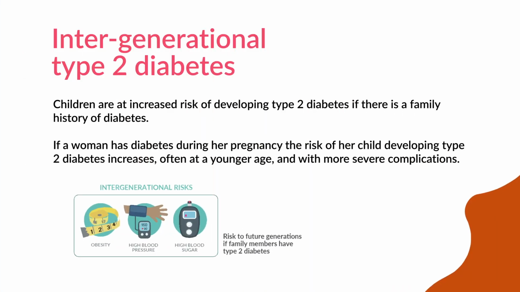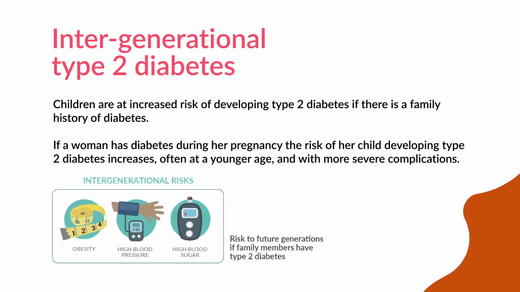There can be strong links to diabetes between generations. Children are at higher risk of developing type 2 diabetes if there is a family history of diabetes. If a woman has diabetes during her pregnancy, the risk of her child developing type 2 diabetes increases. This may occur at a younger age and have some serious complications.